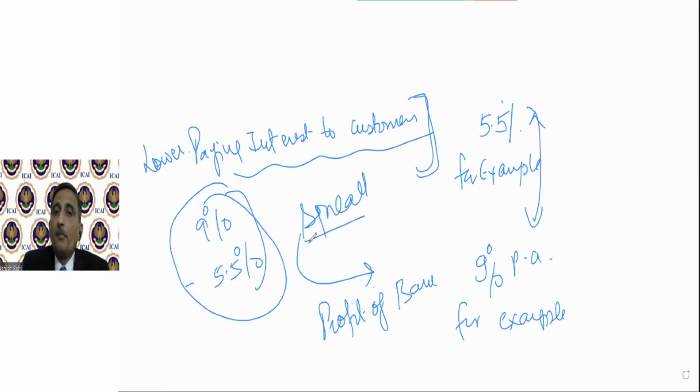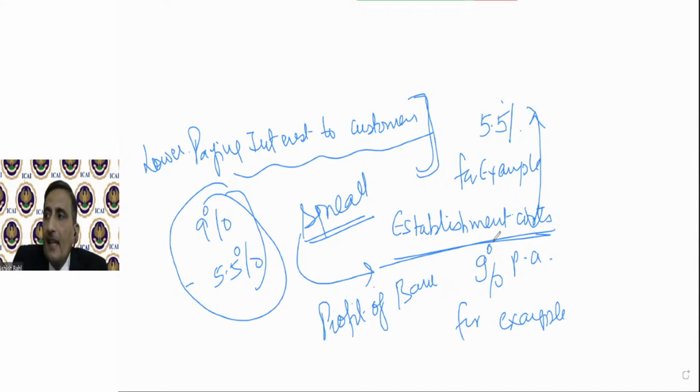And it is from this spread that the bank meets all its establishment costs and administrative expenses: salaries, perks to employees, office expenses, computer expenses, all repair and maintenance expenses. All these expenses are met through this spread.